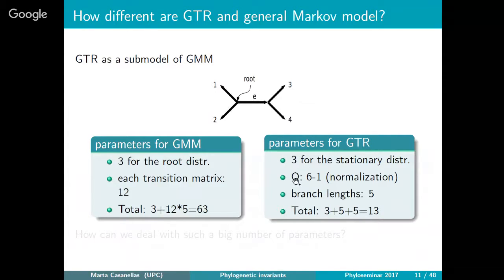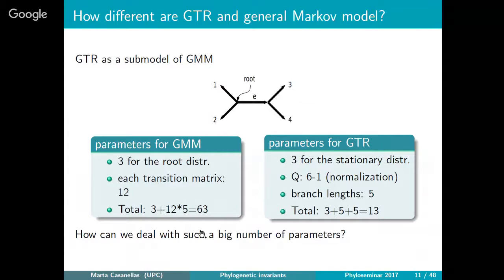For the rate matrix, as it has to satisfy time reversibility, and they are usually normalized so the branch lengths correspond to the expected number of mutations per site, we have 5 parameters actually. We have 5 branches, and therefore we have 5 branch lengths. So in total, it makes 13 free parameters for the GTR. That's another way to see that the general Markov model is much more general.